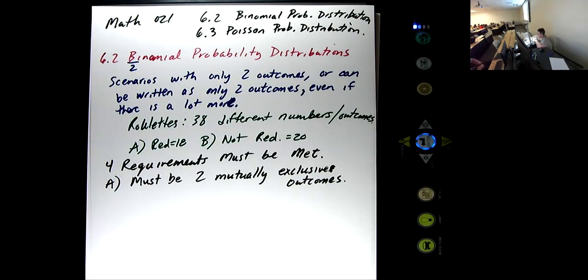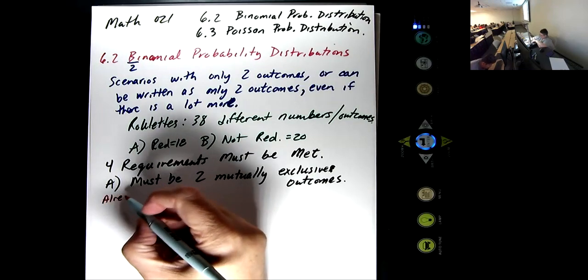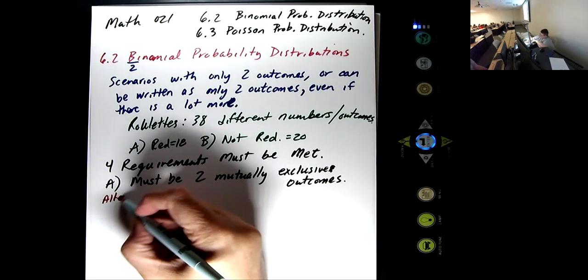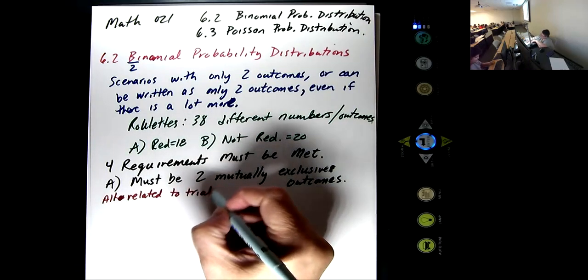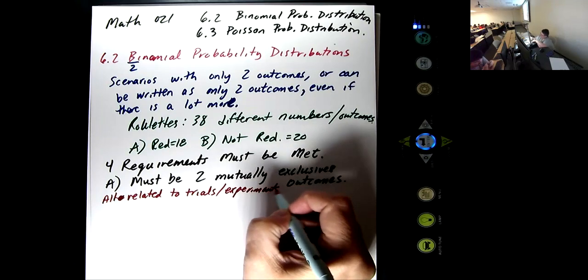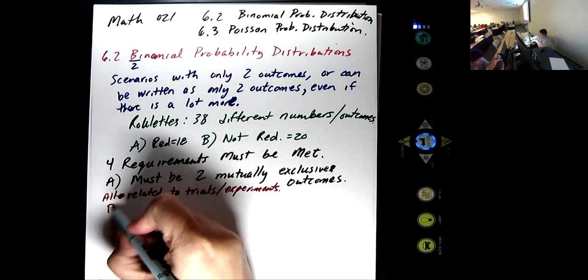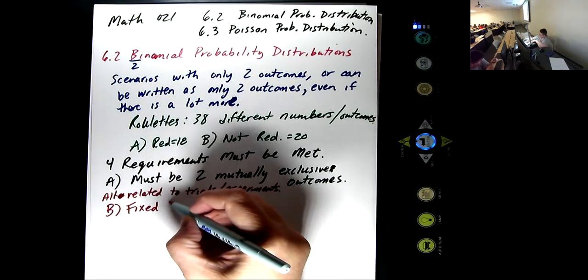That's the primary one, the most important one, and it's the easiest one to meet. The other 3 are all related to trials or experiments from here on. We need to have a fixed number of trials.